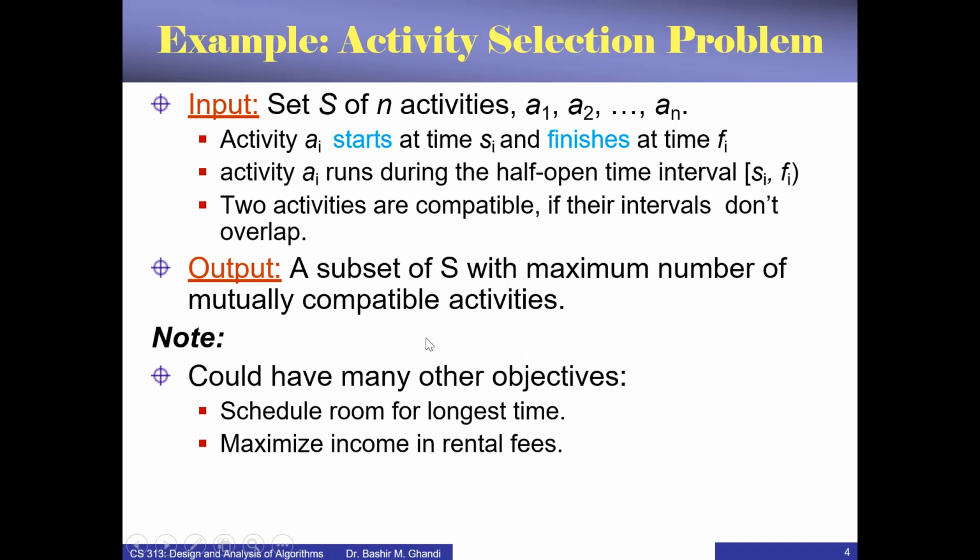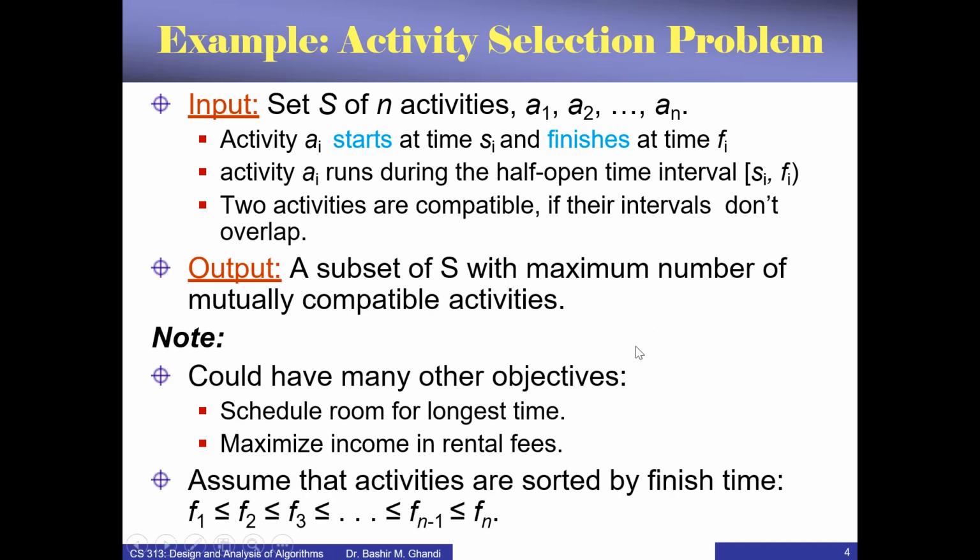Just to show you, the activity selection problem can have different objectives. But in this case, our objective is simply to choose the maximum number of activities, a maximum subset of S that has mutually compatible activities. This is our target.